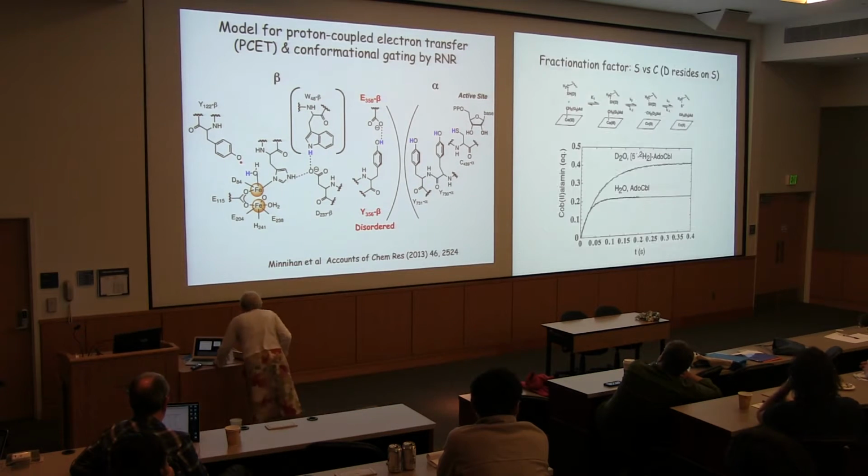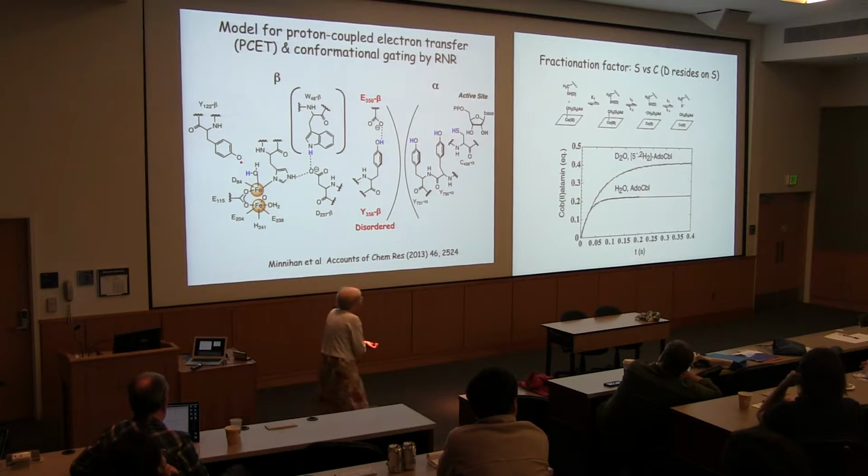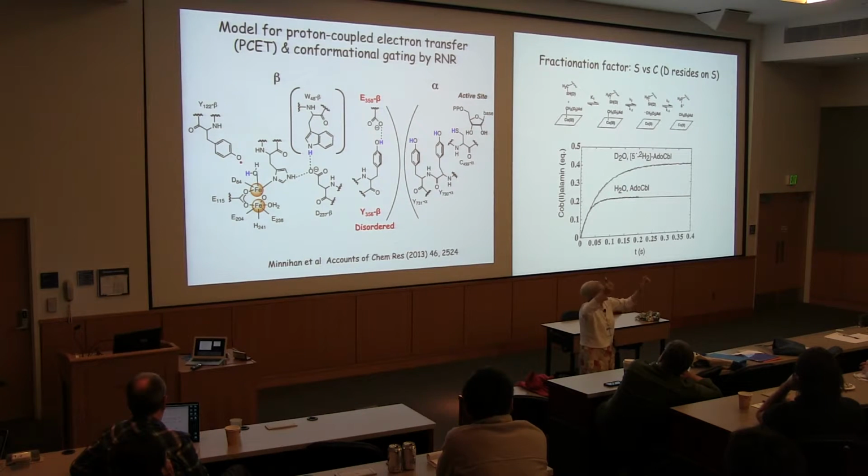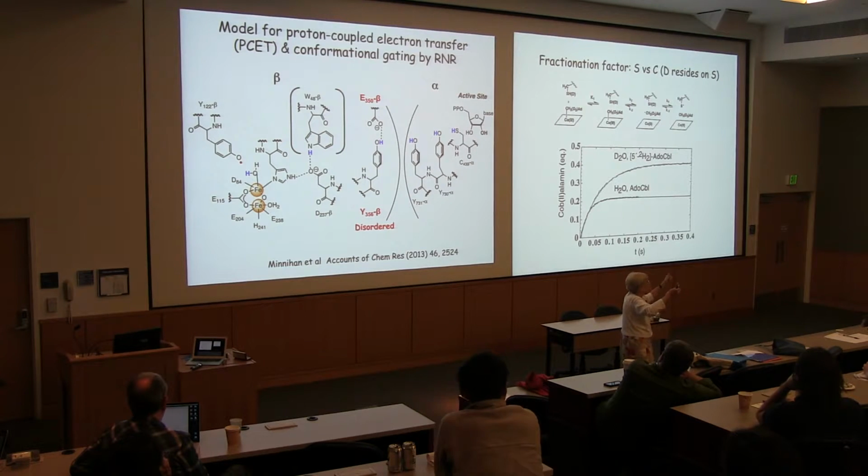And this is one of my favorite experiments. This goes back to physical organic chemistry. If you have an S dot and a C dot, and you have a hydrogen and a deuterium, based on fractionation factor analysis, the deuterium wants to be on the sulfur. And the fractionation factor is about a factor of 0.5. So we did an experiment in complete water and in D2O.